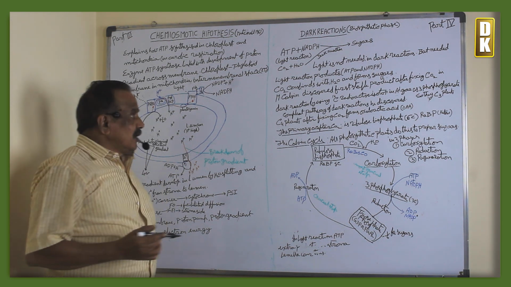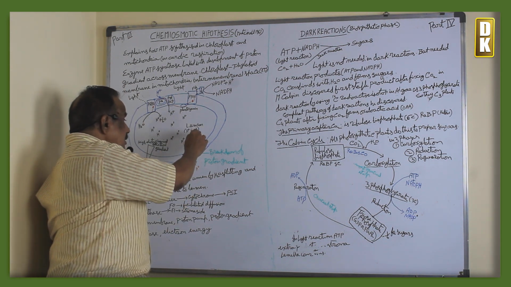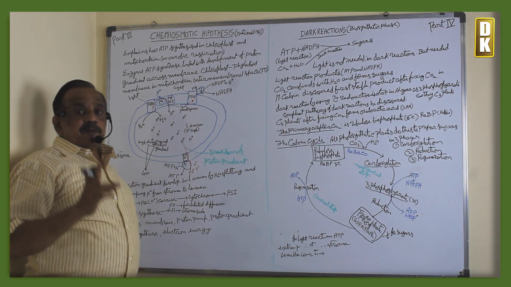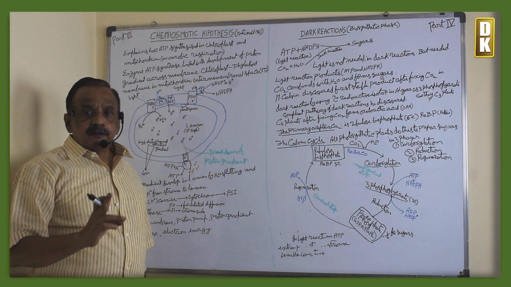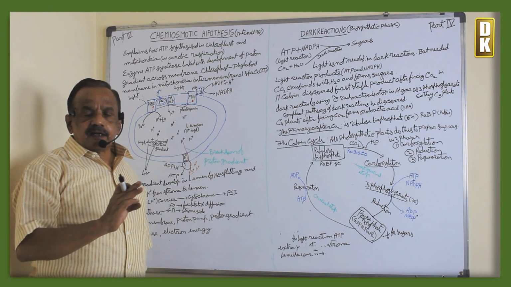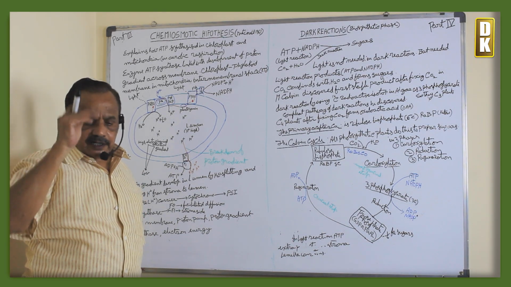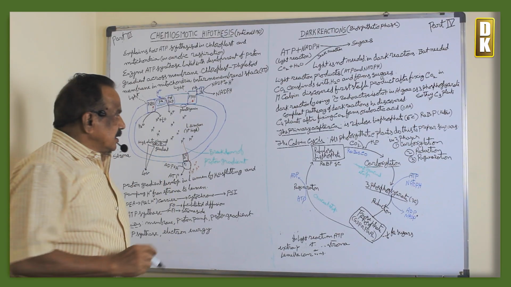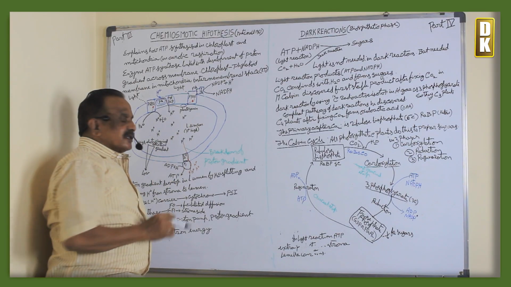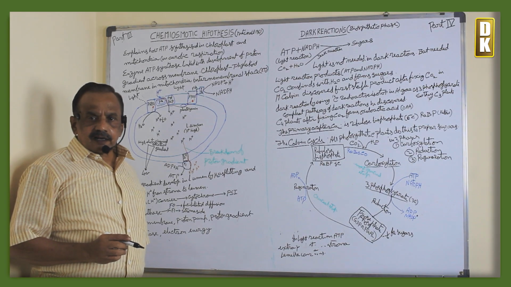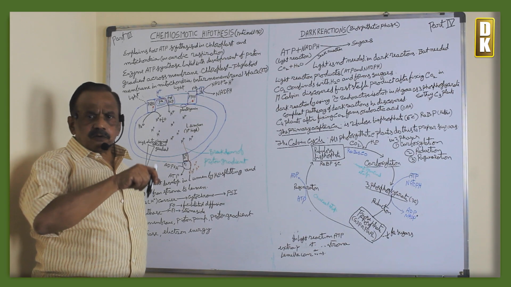Here, when the charged particles are not allowed through the membrane, it will be facilitated by a channel from the protein. That is the integral protein we studied in the plasma membrane. CF0 is also an integral protein which is having a channel, means hole.